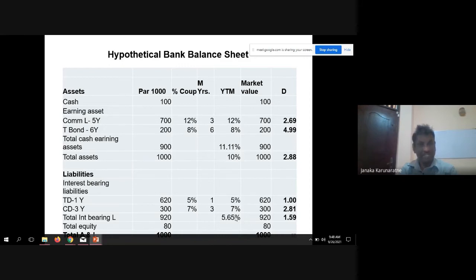Par value means the face value. The coupon is 12%, and the current maturity is 3 years. Treasury bond 6 years. The par value is 200. Coupon 8%. And the remaining maturity is 6 years.